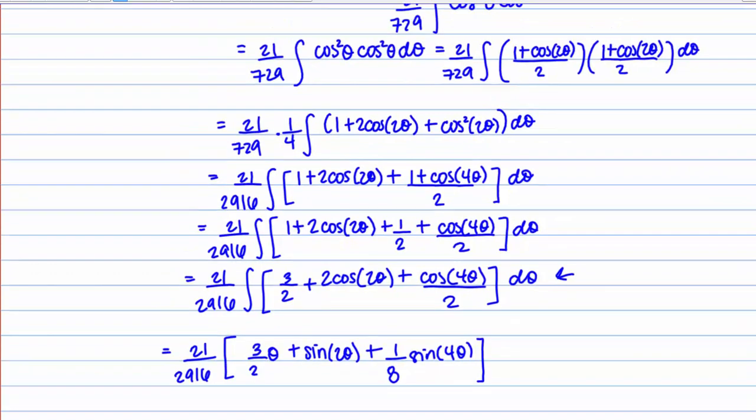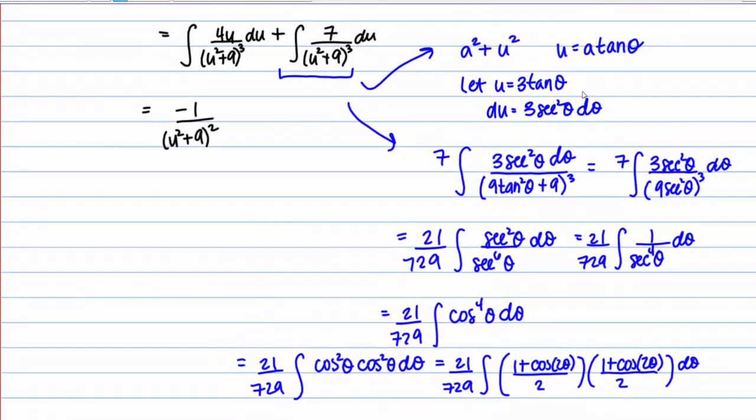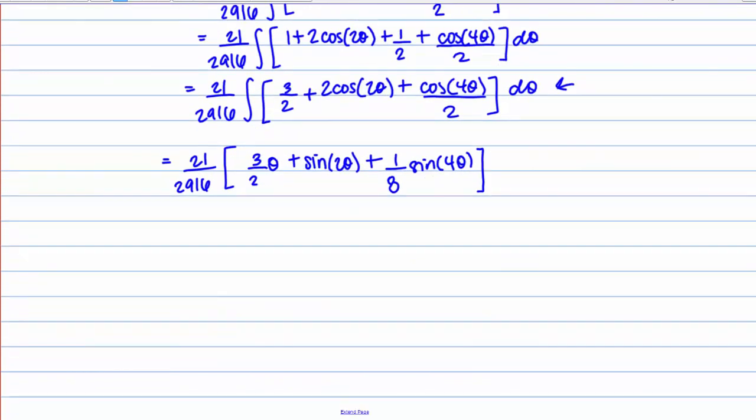Now the next thing I'm going to have to do is get my thetas back in terms of u. Now to do that, instead of having sine of 2 theta and sine of 4 theta, I'm just going to want to have sine of theta. So I'm going to have to use the same formula to do that. Sine of 2 theta equals 2 sine of theta cosine of theta.